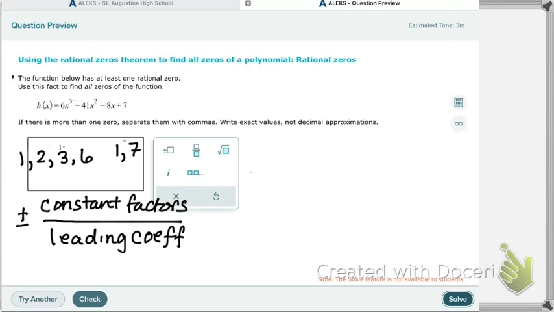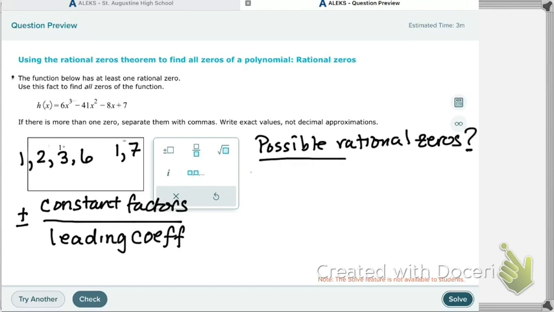So if I were to say, what are the possible rational zeros? They're going to be constant factor over leading coefficient. There's one possibility, this 1 over that 1, which is really 1.